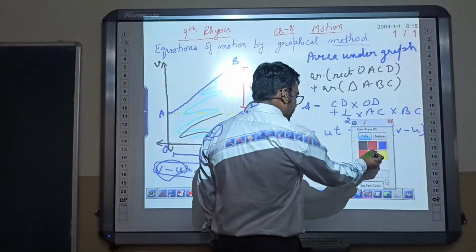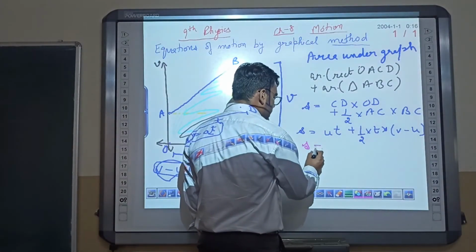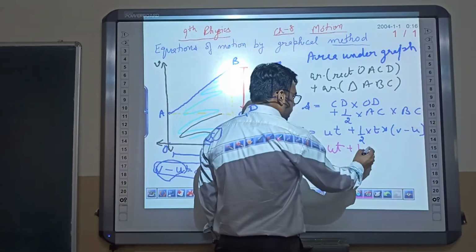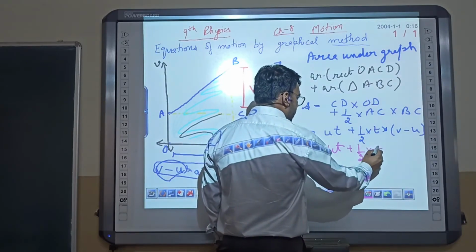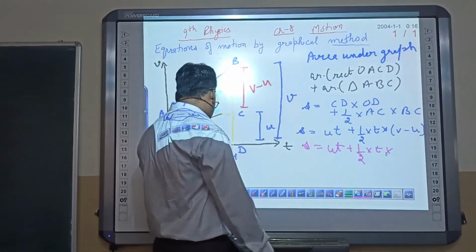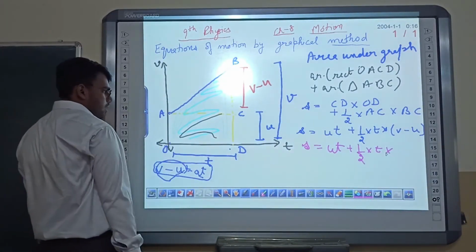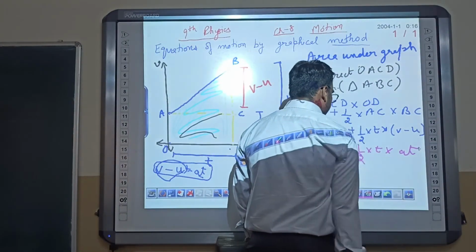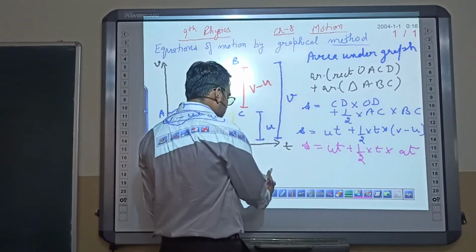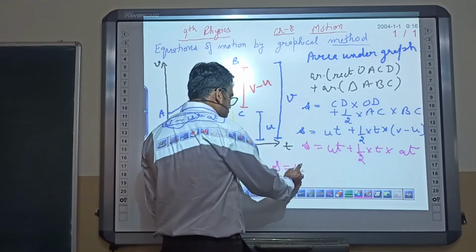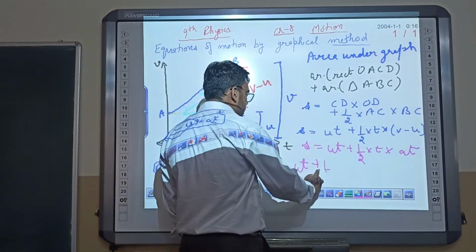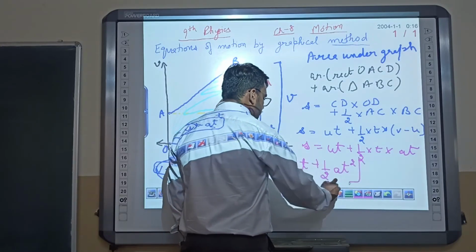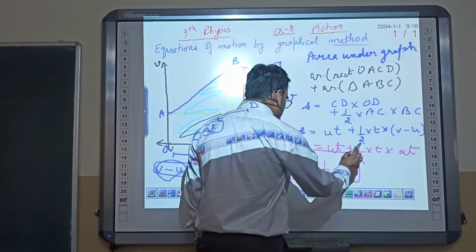So S becomes UT plus half into T into, what is V minus U? We got it, AT. So it becomes T into AT, which is AT square. So the next equation is S is equal to UT plus half of AT square. This is the second equation of motion.